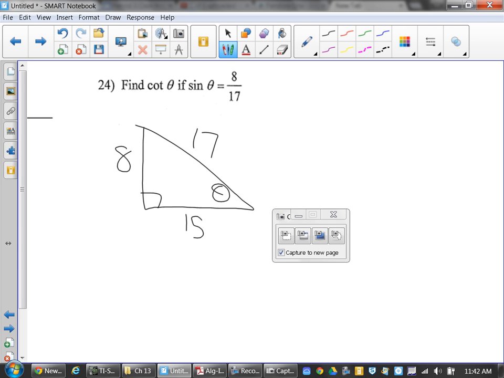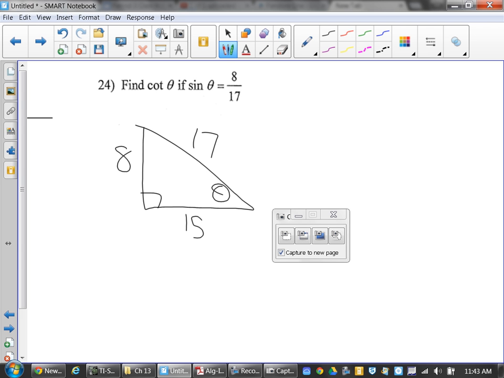It's a triple. The triples are 3, 4, 5; 5, 12, 13; 8, 15, 17; 7, 24, 25; and 9, 40, 41.